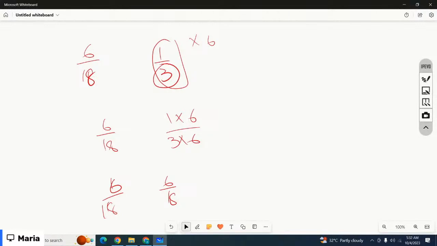See, both the fractions are now equal. That means yes, they form a proportion, right?